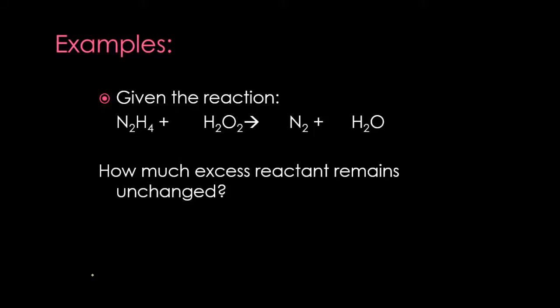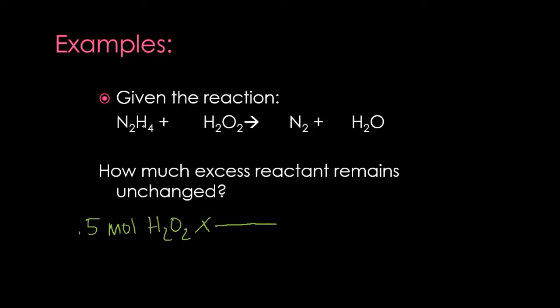So again, start with your limiting reactant. I'm going to start with 0.5 moles of H2O2 since it is my limiting reactant. What I need to do is change it into my N2H4.